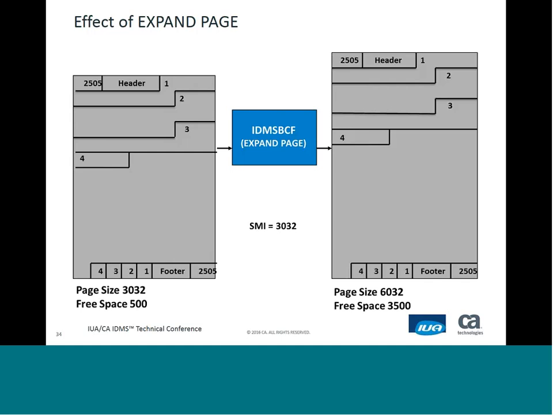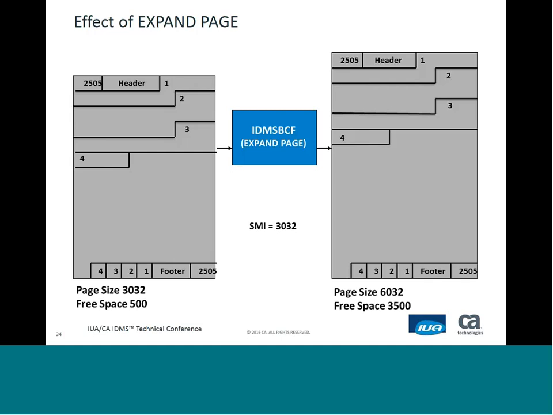So what the expand page utility will do is take the header and the data from the old page and move it to the top of the new page. It will then go down to the bottom of the page, take the line indexes from the old page and move those to the bottom of the page in the new file.